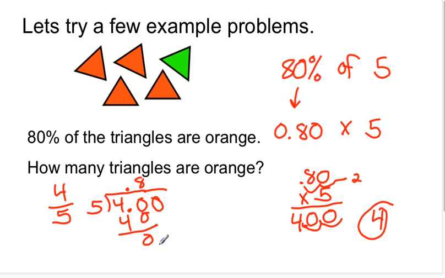And so that leaves us with a 0 that we can bring down, or we could just say that we have 8 tenths, but we have 80 hundredths, and of course we know that 80 hundredths equals 80%. So indeed, 80% of the triangles are orange, because 4 out of 5 would give us 80%. Alright? So let's try a couple more examples.